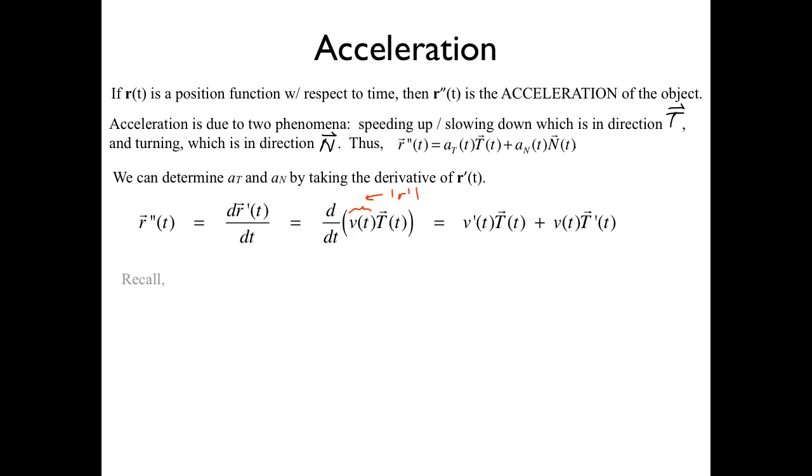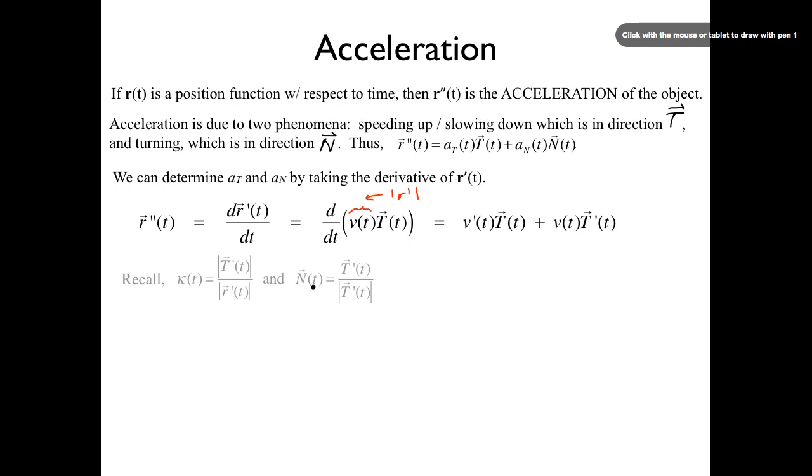Okay, now to work on the second part, this is kind of a parenthesis. Here's a couple things we know. We know that the curvature is the magnitude of T prime over the magnitude of r prime of t, and N is the unitized derivative of T. We're going to use both of those to rewrite T prime.